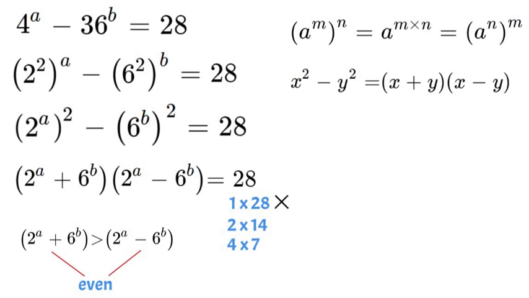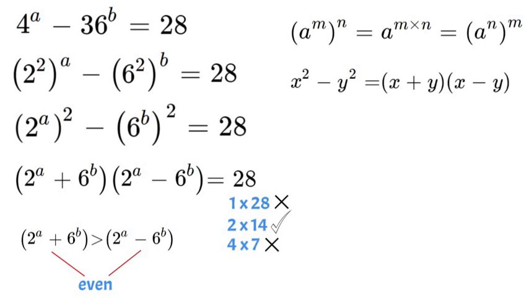Because another thing to remember is that the values are going to be even, and that's the more important part. 1 is an odd number. No a or b value is going to give you an odd number in this equation. So therefore, the first and the last option, because there's an odd number with 7, will not work, which means 2 times 14 is our only option.